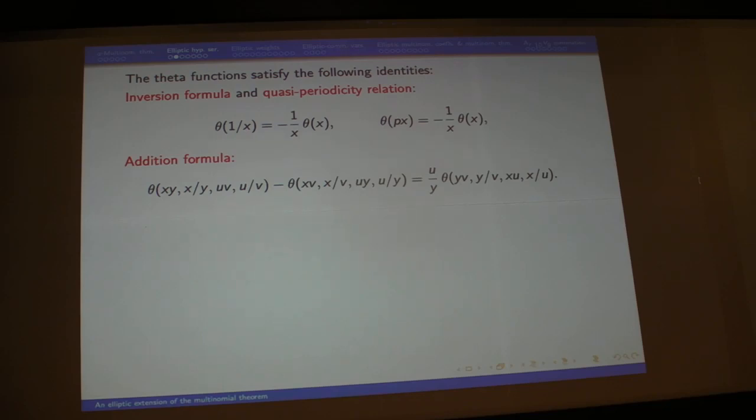I haven't defined elliptic function yet, but probably you're familiar with it. This identity is crucially used in the theory of elliptic hypergeometric series, in inductive proofs and functional equations; many of these proofs use this addition formula.